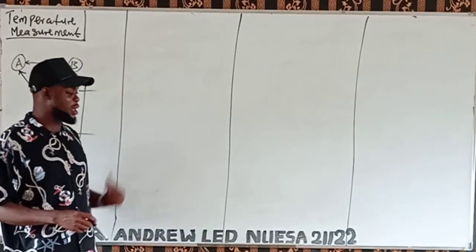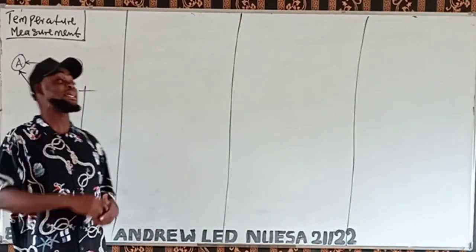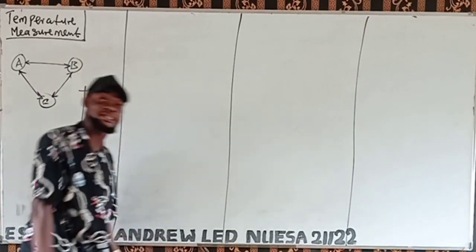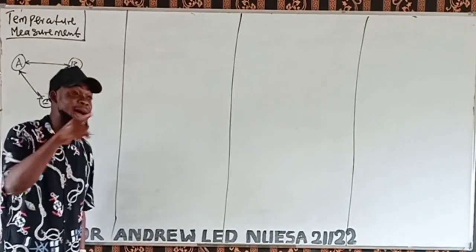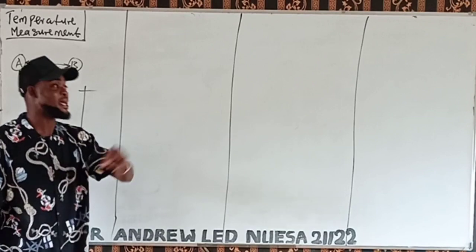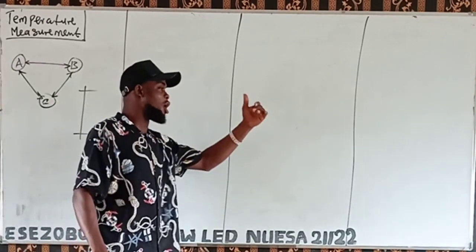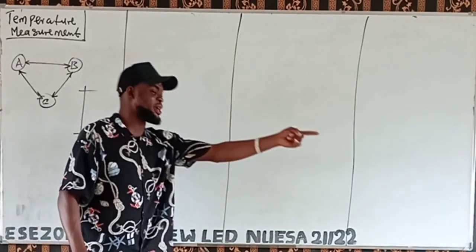This property we are calling thermometric property is the physical property of a substance that can change in a known way with temperature.